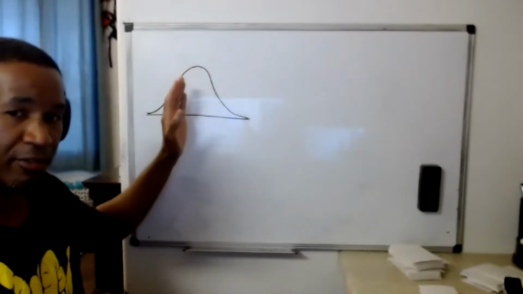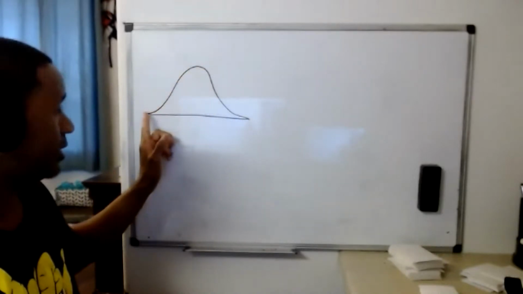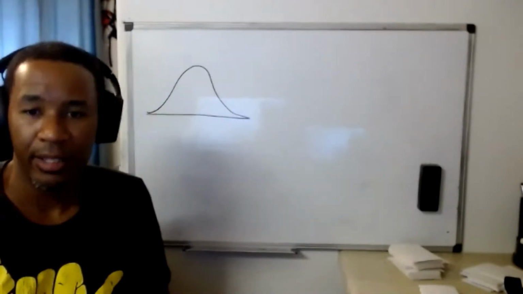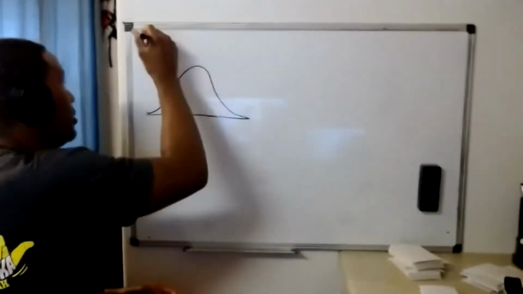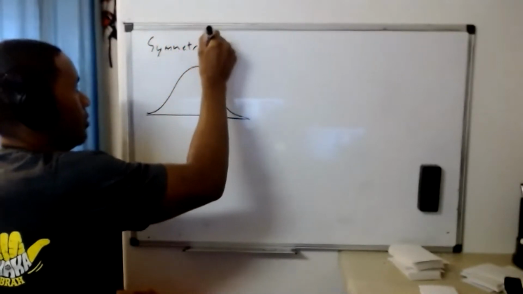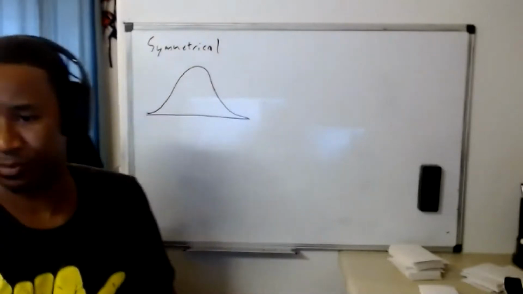Then as you get away from the center, you're seeing fewer and fewer observations to the left, and fewer and fewer observations to the right. That's what we refer to as a symmetrical distribution.